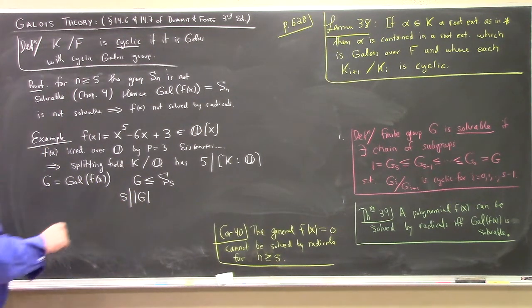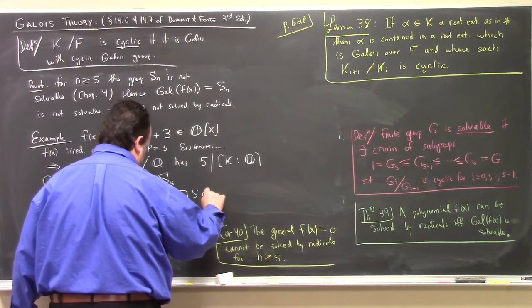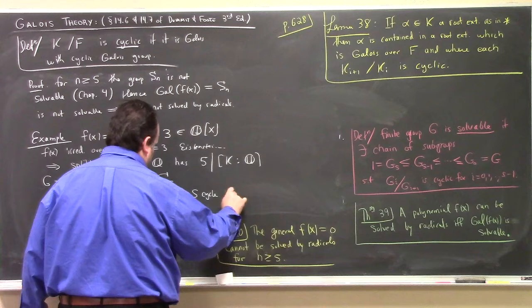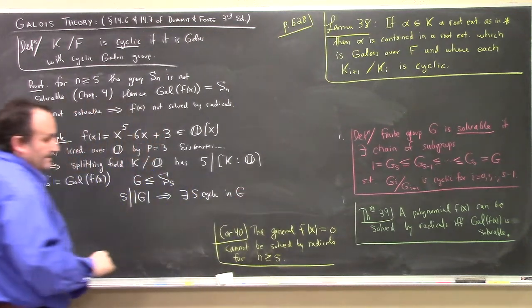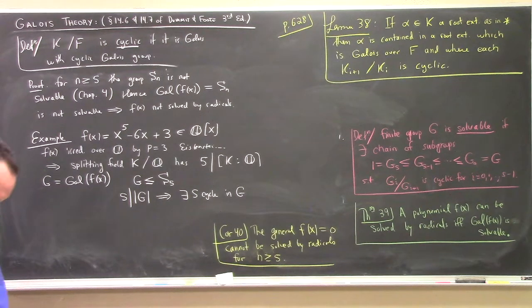That means that there exists a 5 cycle in G. So he says the only elements in S5 of order 5 are 5 cycles. So G contains a 5 cycle.